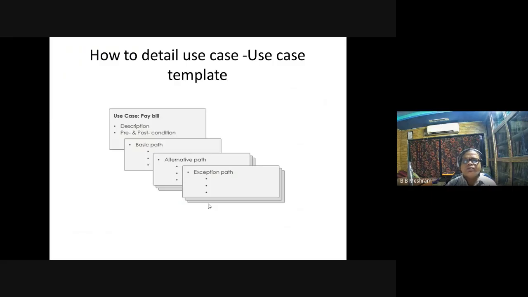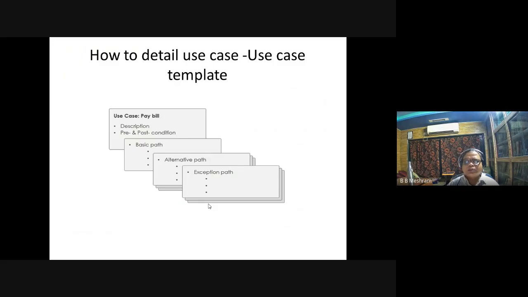So, now we will see how to detail a use case. So, use case template. First of all, we have studied what is use case diagram, what is actor, association, generalization of the actor, generalization of the use case, include and extend relationship. Now the diagram can be detailed.